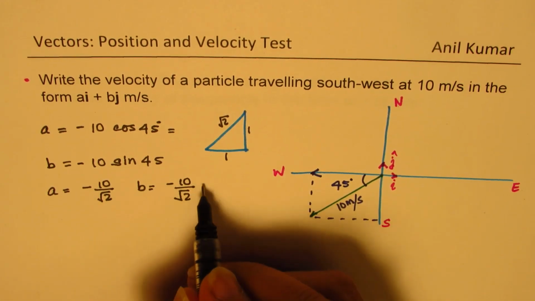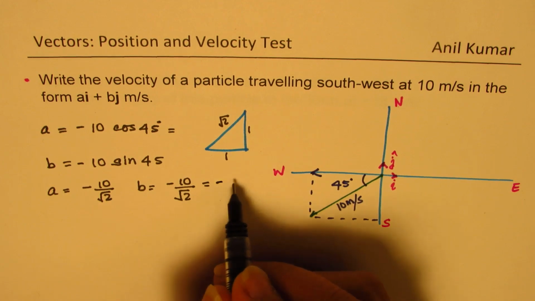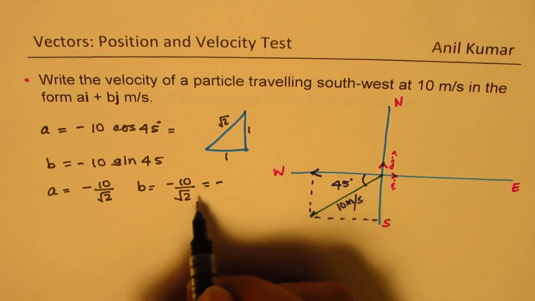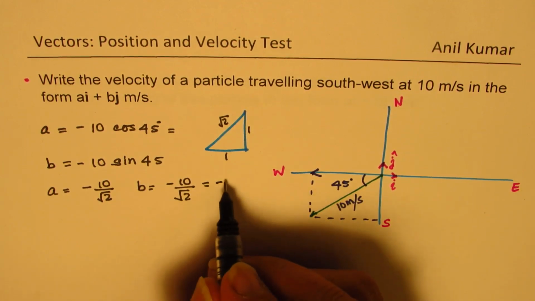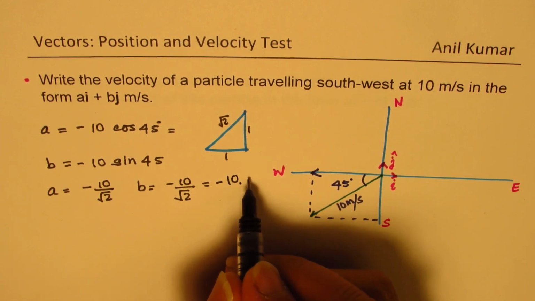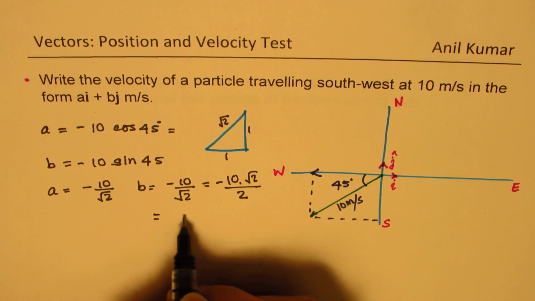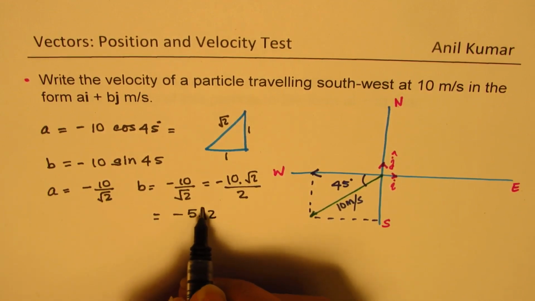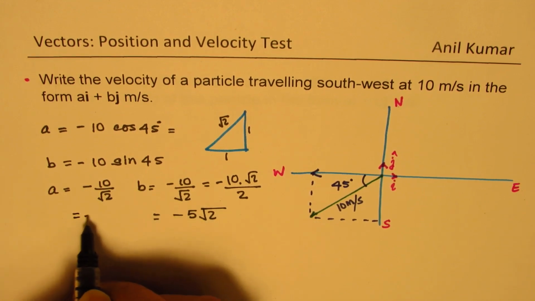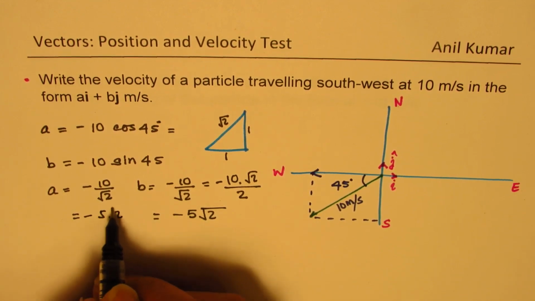Now this could also be rationalized. So you get, we'll do this work here now, minus 10 times square root 2 over 2, or we'll write this, dividing by 2, as minus 5 square root 2. Right? Similarly, this will also be minus 5 square root 2. Clear?